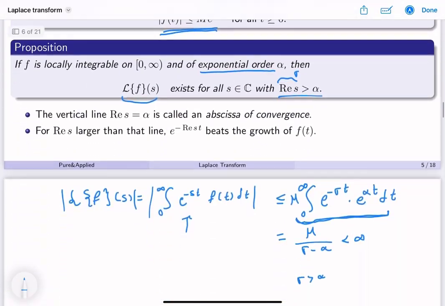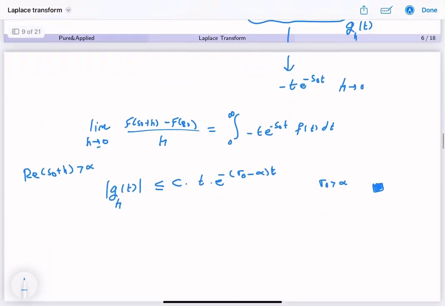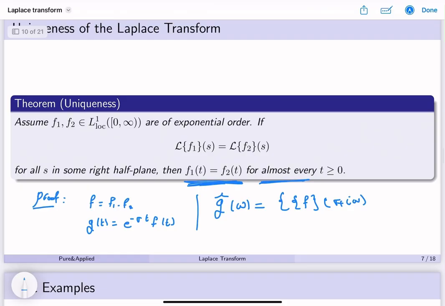And we already know that the Laplace transform of f is 0 because of linearity of the operator L. L is just the integral of some kernel times f1, and the same for f2. So if you subtract these two, the Laplace transform of f1 minus f2 is necessarily 0. Hence the Fourier transform of this function g is 0 for every omega in R.